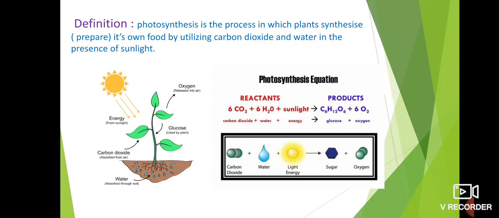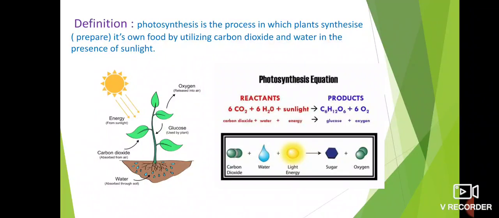Then we have studied the definition of photosynthesis. Photosynthesis is a process in which plants synthesize their own food by utilizing carbon dioxide and water in the presence of sunlight. And I have explained the photosynthesis equation in the last class.